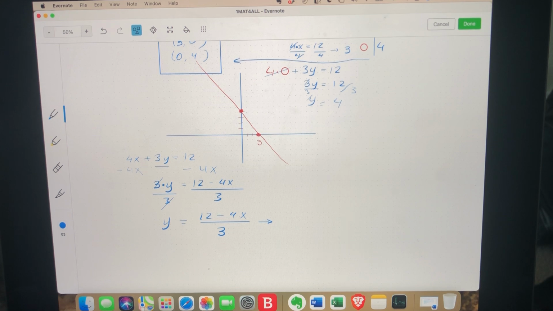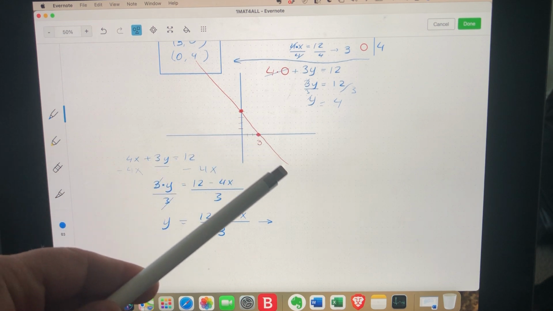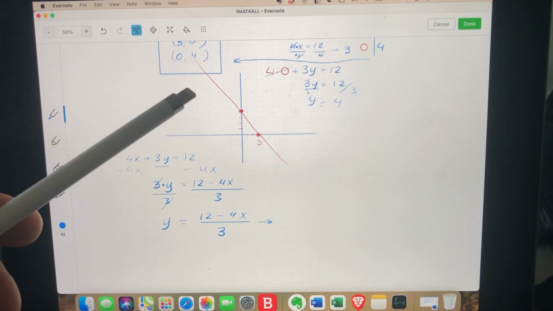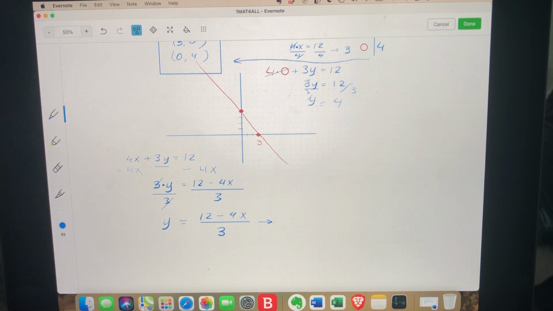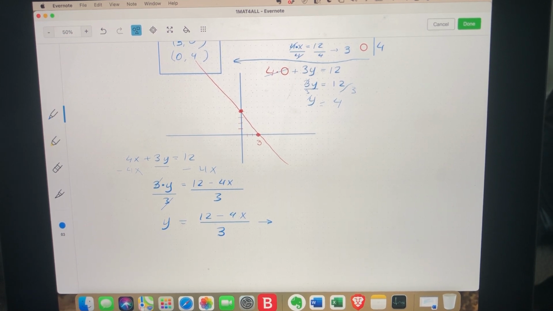If it says make a sketch using intercepts and we use just a regular table without the zeros, it most likely will not work, even though the line that your table will produce will be exactly the same as if you used the intercepts. But we have to make sure that we satisfy the conditions that we were asked in the beginning of a question. So let us simplify this expression and write it in the slope-intercept form.